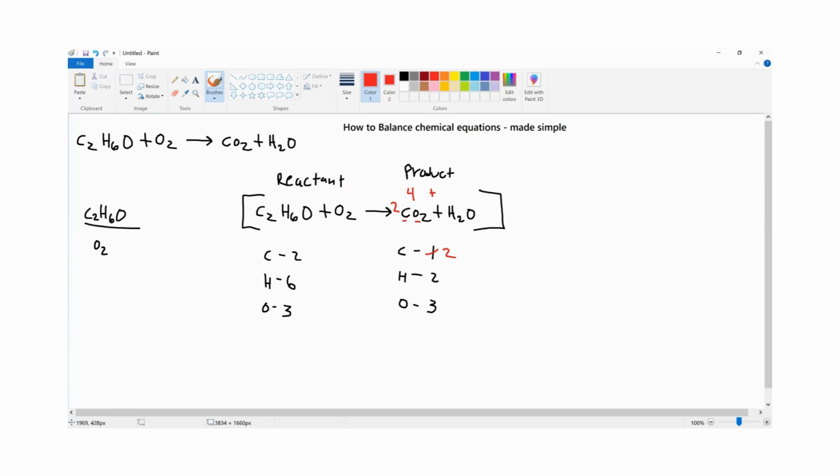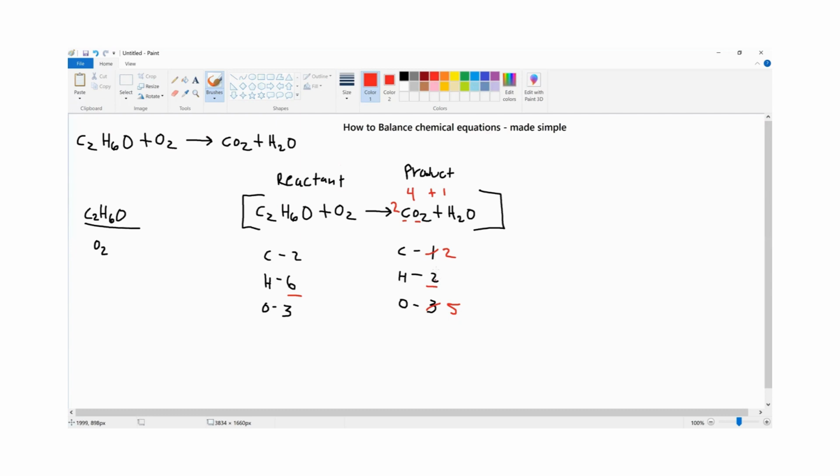I like to write, when you have a plus sign, write what you have. For example, if I have an oxygen here and another oxygen here, I like to write this on top to remind me I have another oxygen here. So that's 4 plus 1, 5. Okay, now let's begin. With hydrogen, I have 6 here, I have 2 here.